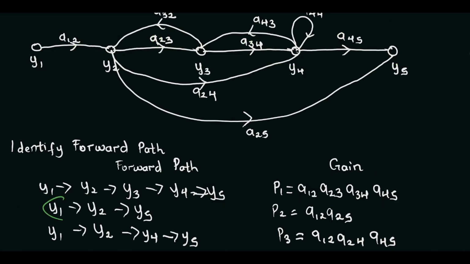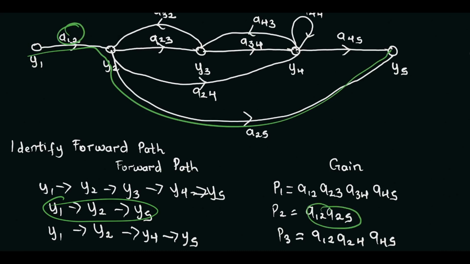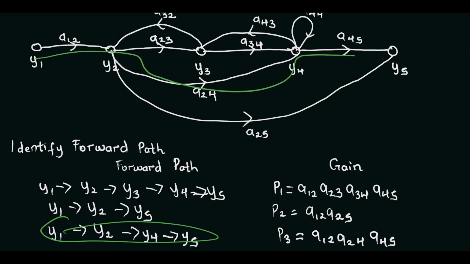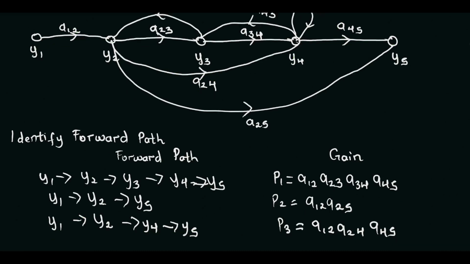Same thing for the second path: Y1, Y2, then Y5, and your gain A12, A25. Then your third path Y1, Y2, Y4, Y5, and you have your gain A12, A24, A45. And let's move to the next step.